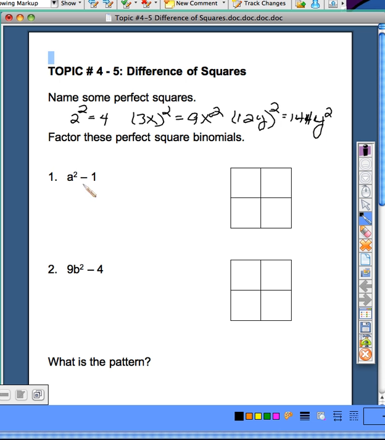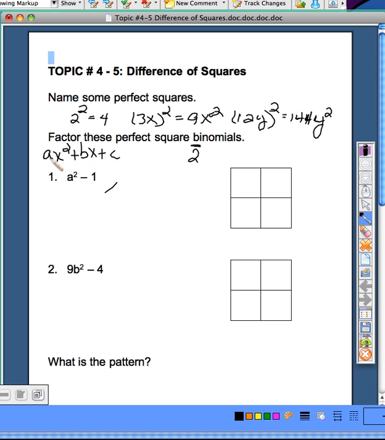So what you need to look to identify are perfect square binomials. Notice bi means there's only 2 terms in it. We've done trinomials, but we're going to make this a trinomial. If you think about it, we've got a squared plus 0 minus 1. And usually in our trinomials, we had the form ax squared plus bx plus c, and c was some constant.